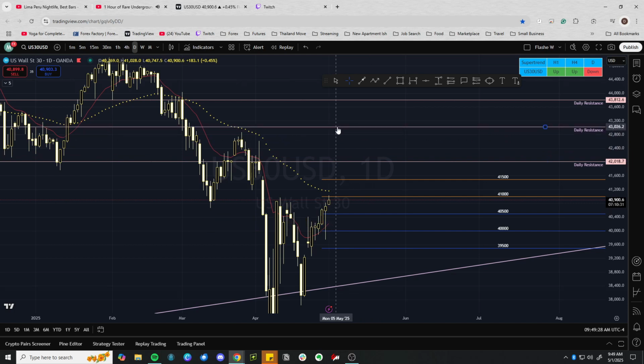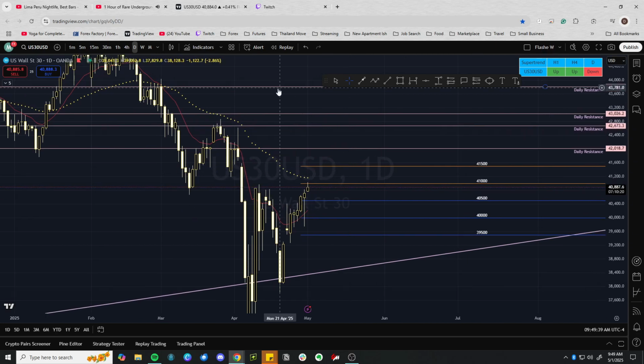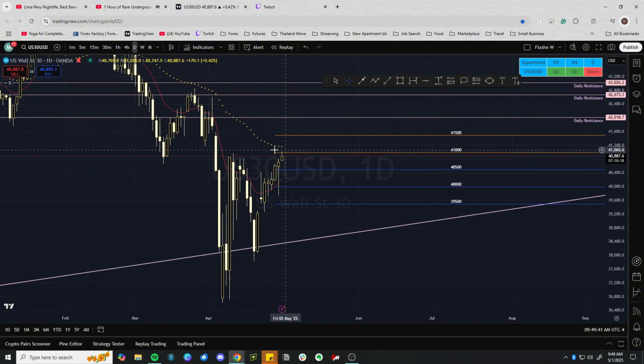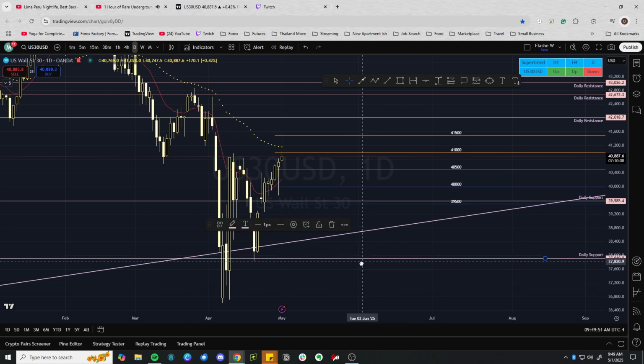Right now, since I don't really know what's going to happen, I'm just going to put a little bit more lines than usual, but there's not really any benefit to one way or the other. It's just a personal preference. I found that after trading for a while, it just made the chart less cluttered to have fewer of those supports and resistances showing up.